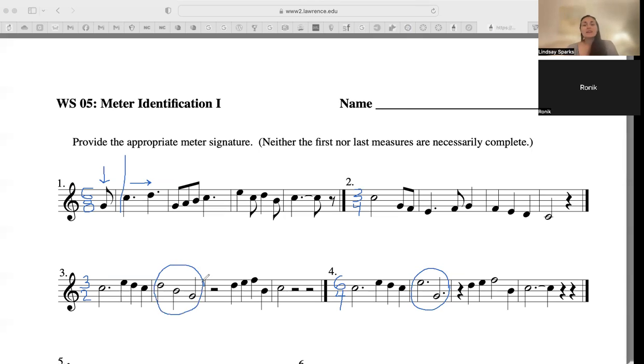All right. So meter identification and hopefully the note identification are essential for reading music and learning about music. These are some of the most black and white subject material that we talk about. So if you feel like you need a little bit more practice, feel free to send me an email.